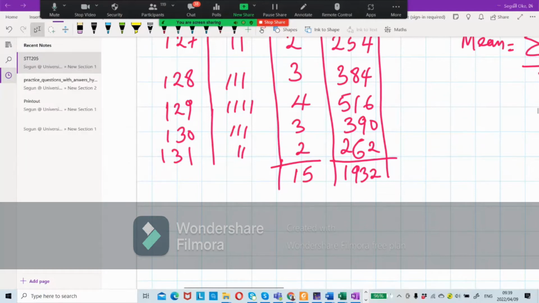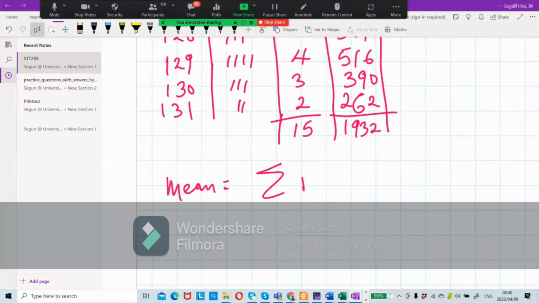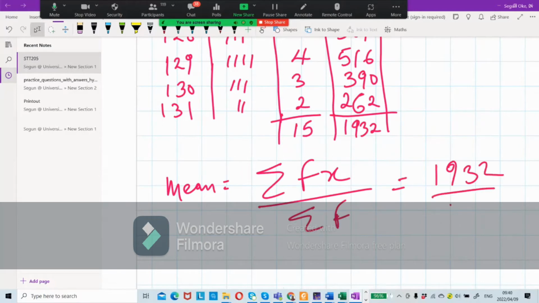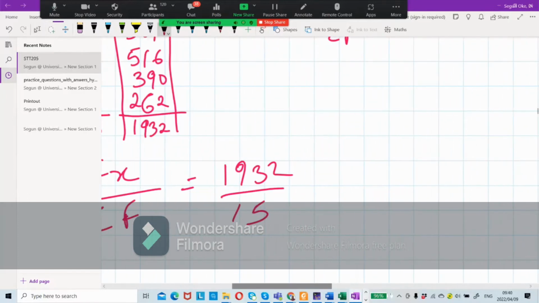Now, can you calculate your mean now? It is 1932 divided by 15. Our mean is equal to summation of fx divided by summation of f, which is 128.8.